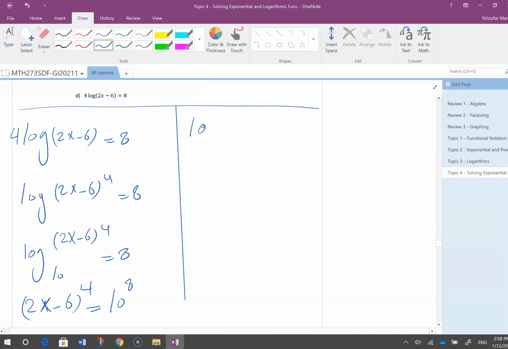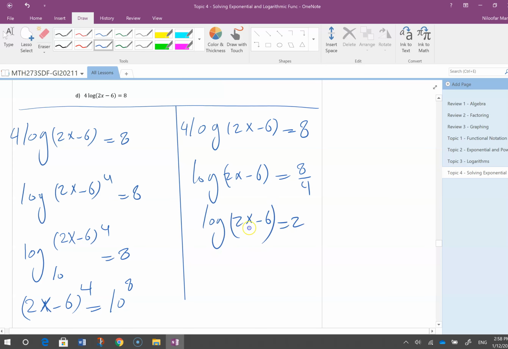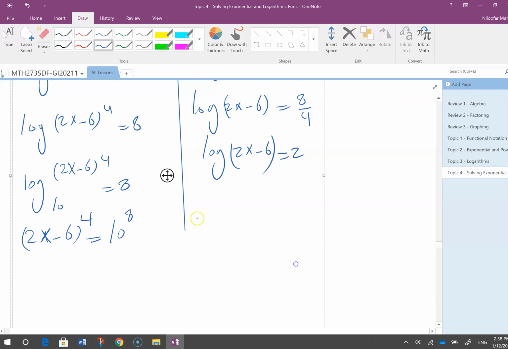This is 4 logarithm of 2x minus 6 equals 8. Okay, so logarithm of 2x minus 6 is 8 over 4. Logarithm of 2x minus 6 is 2. And then 2x minus 6 is 100 because it's 10 to the power 2.